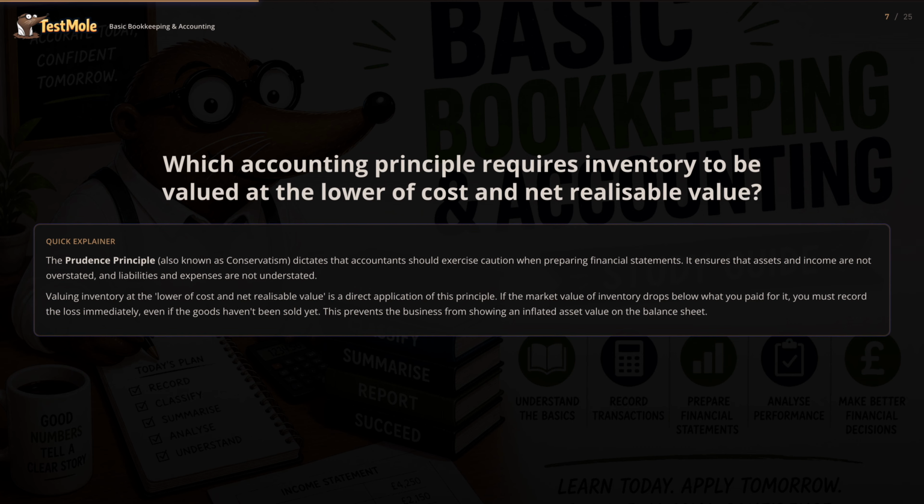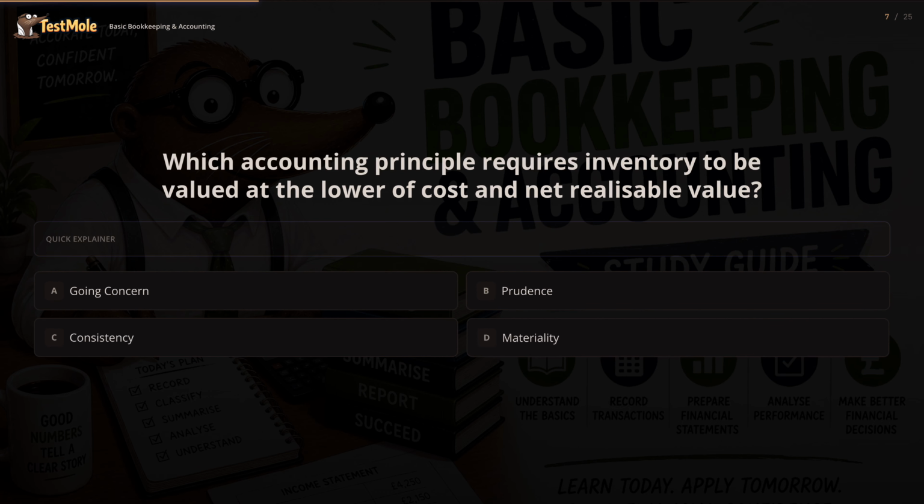Valuing inventory at the lower of cost and net realizable value is a direct application of this principle. If the market value of inventory drops below what you paid for it, you must record the loss immediately, even if the goods haven't been sold yet. This prevents the business from showing an inflated asset value on the balance sheet.